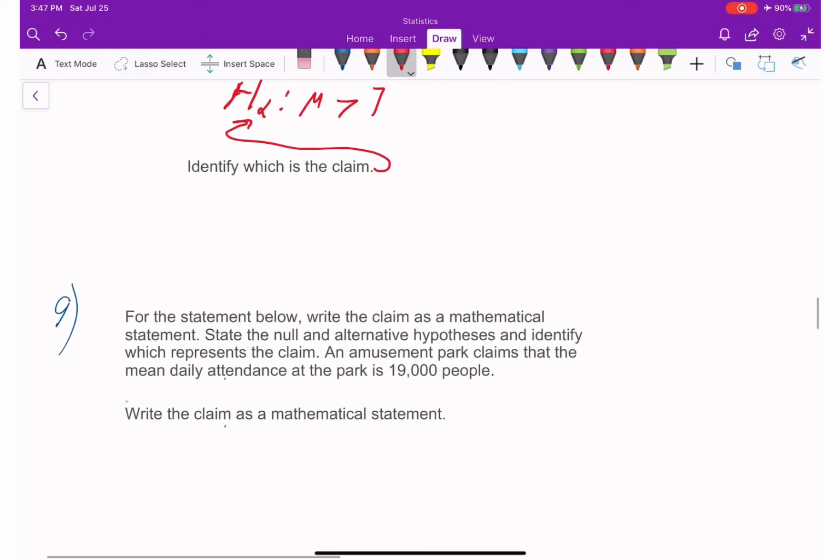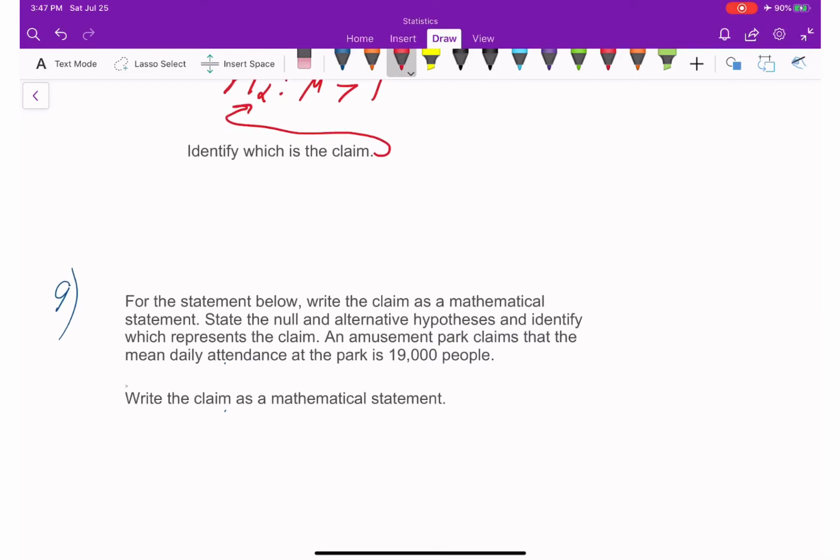Next one. For the statement, write the claim as a mathematical statement. State a null and alternative hypothesis and identify which represents the claim. Okay, so the mean daily attendance of the park is 19,000. That means the claim is gonna be mu is equal 19,000.